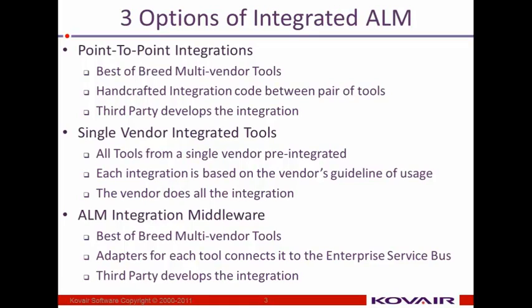But unlike point-to-point integration, its complexity is much less. You just need one adapter per tool to connect that tool to the enterprise service bus. So typically the complexity for point-to-point integration is of the order of n square, where n is the number of tools. For ESB, the enterprise service bus, it is of the order of n.